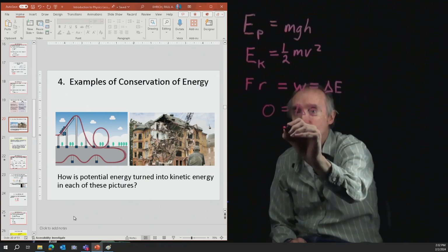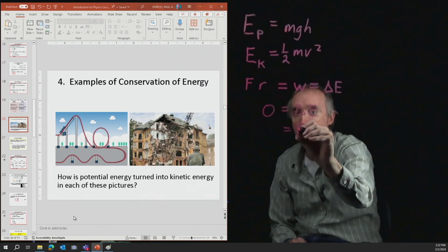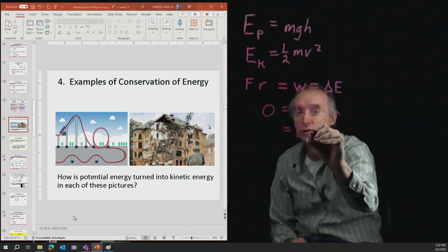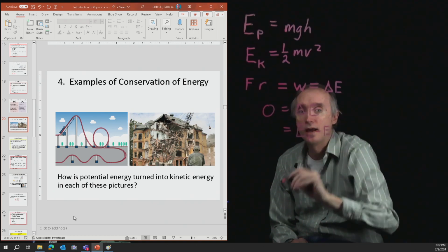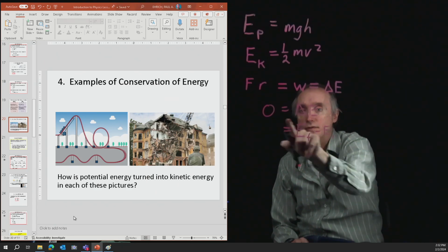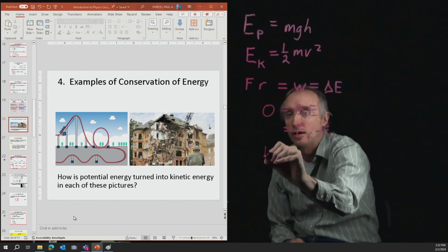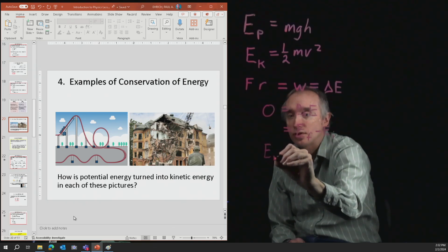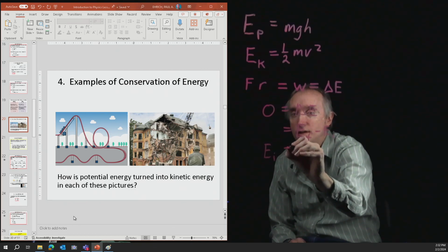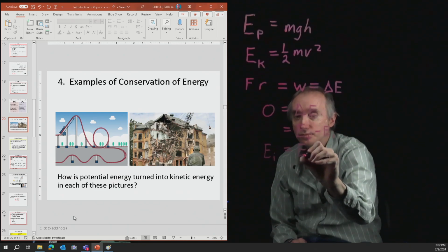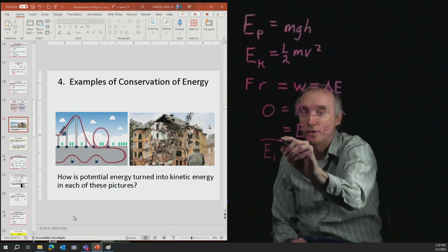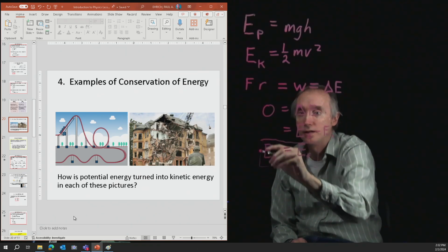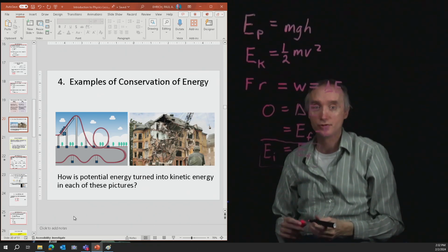But the change in energy of the system would be energy final minus energy initial. And then if you were to take this over to the other side, you end up with the energy that you start with has to equal the energy that you end with. And so this thing here is going to be called conservation of energy.